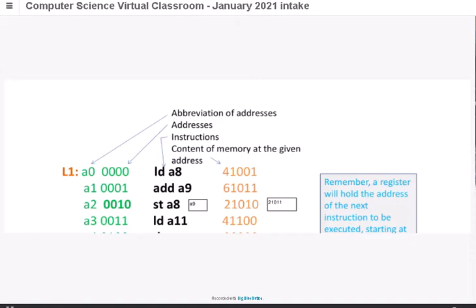If it's not zero, then jump to the instruction that has label L1. If the accumulator's value is not 0, then literally jump to this instruction here and start executing again.